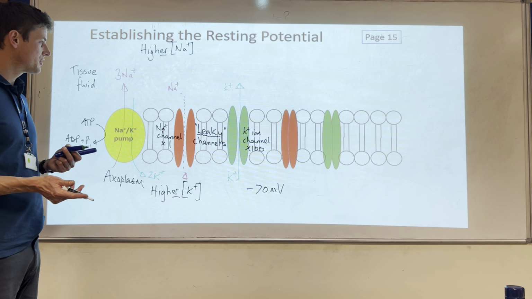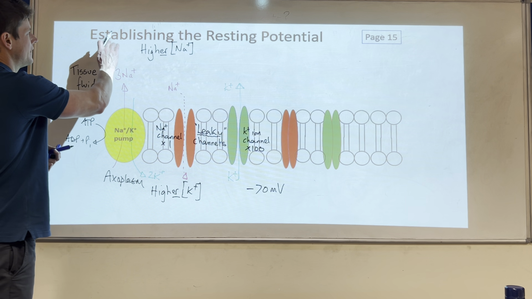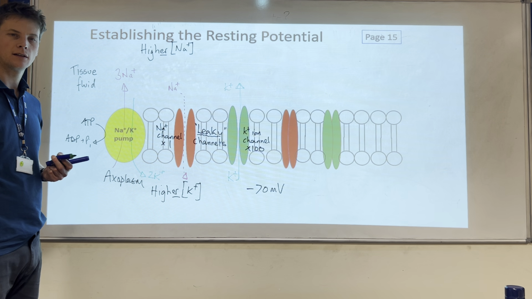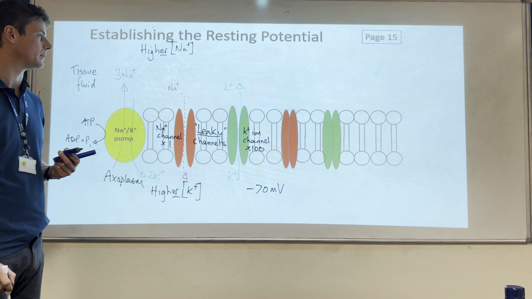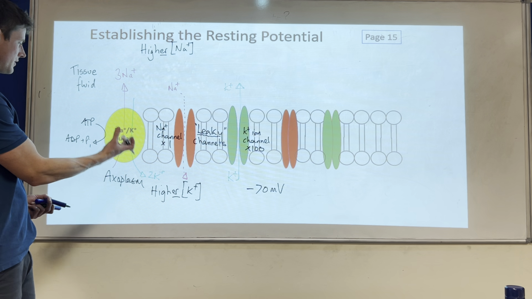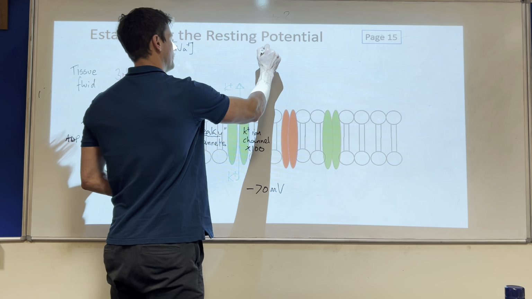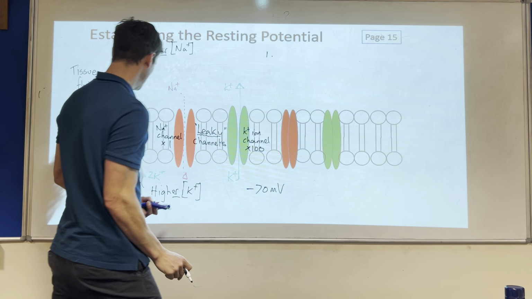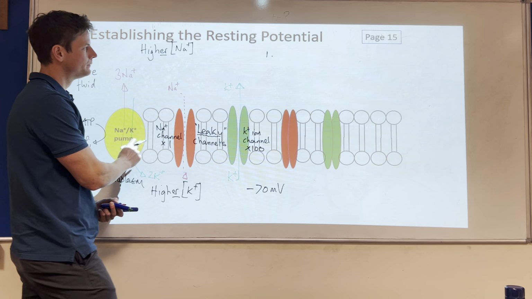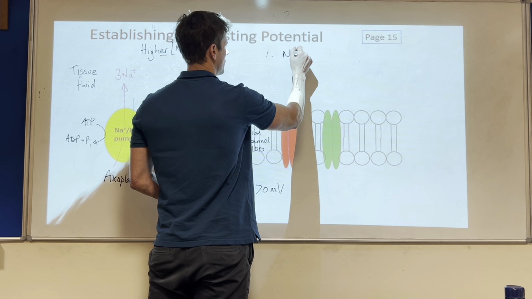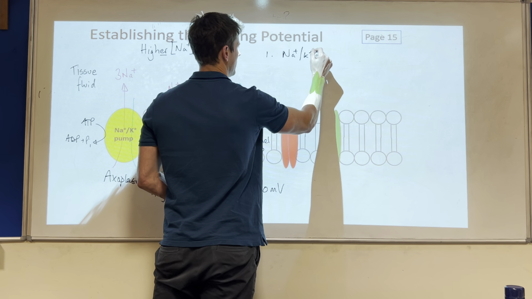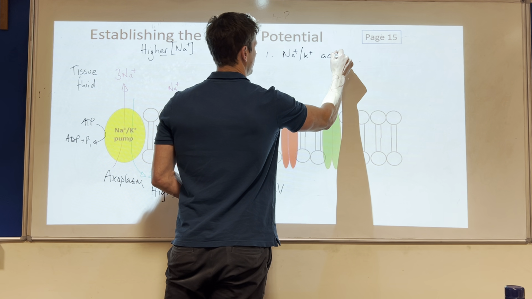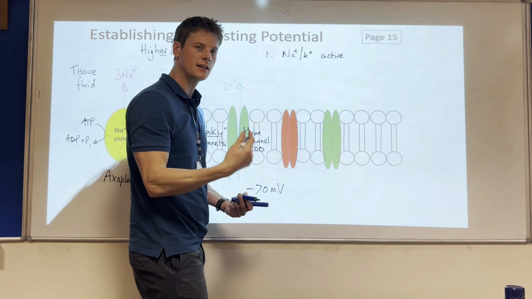Okay, so these 3 points can be summarised, and often the question will be describe how the resting potential can be established. So you just go through it step by step. Number 1, the sodium-potassium pump. Now we need to refer always to the type of transport.